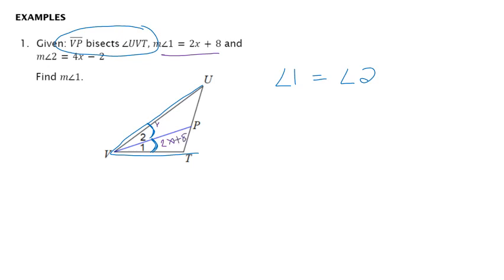Angle 2 is 4x minus 2. Sometimes it helps to label the expressions in there so you could see it a little easier. And we can see that 1 and 2 are marked the same, so their expressions have to be the same. So I'm going to go ahead and set these expressions equal. So 2x plus 8 equals 4x minus 2. And then we're going to go ahead and solve.